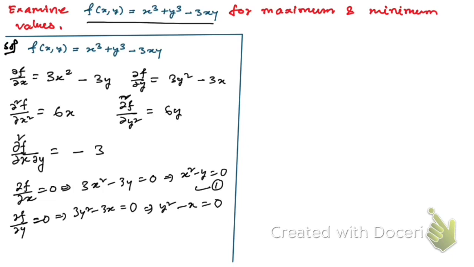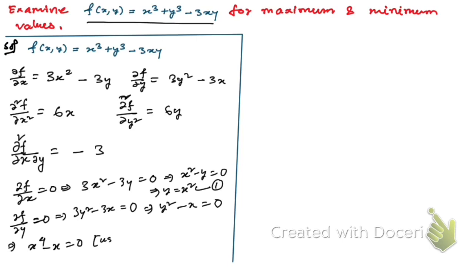So now you see, from this equation number 1, we can write y is equal to x square. Now let's put this value of y here. Then what we're gonna have, if you replace the y by x square, then you're gonna have x to the power 4 minus x is equal to 0.